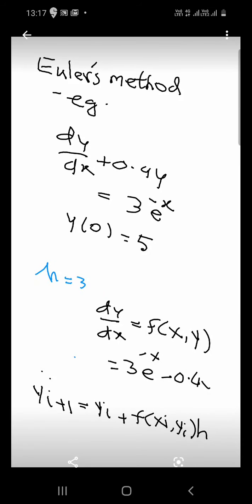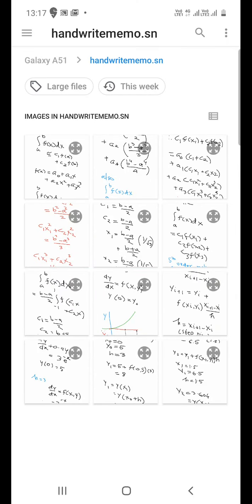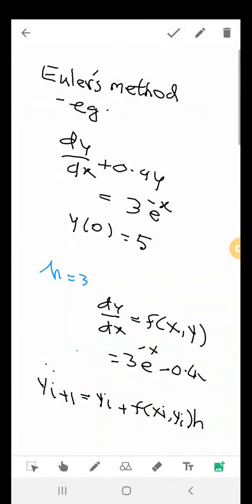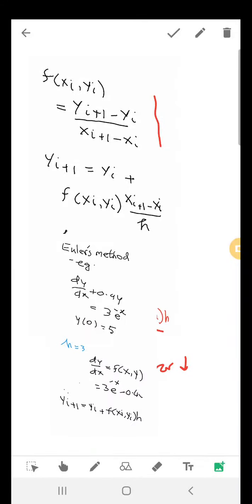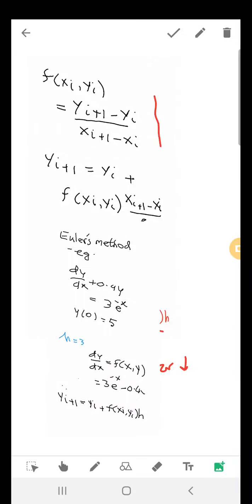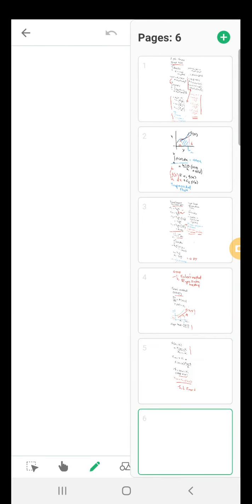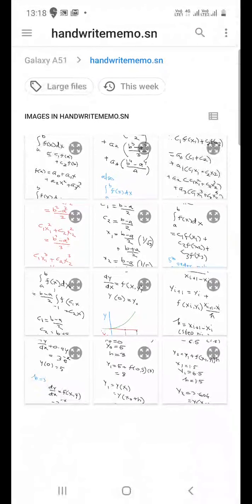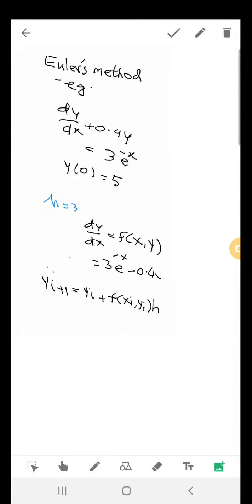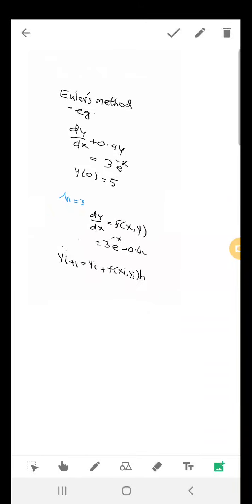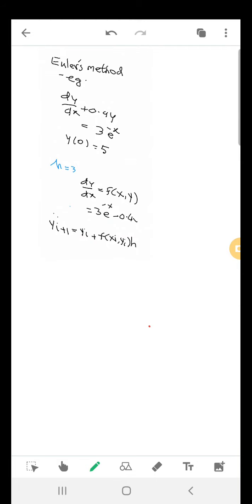Suppose this is the equation that we need to solve: dy by dx plus 0.4y is equal to 3 e to the power minus x, and this is the boundary condition.